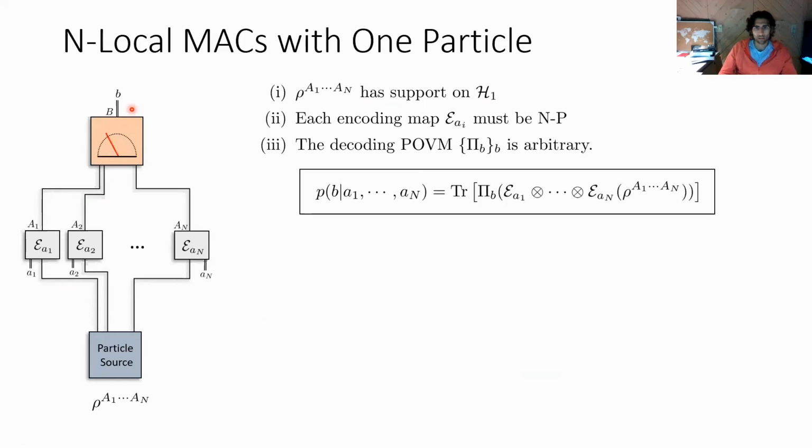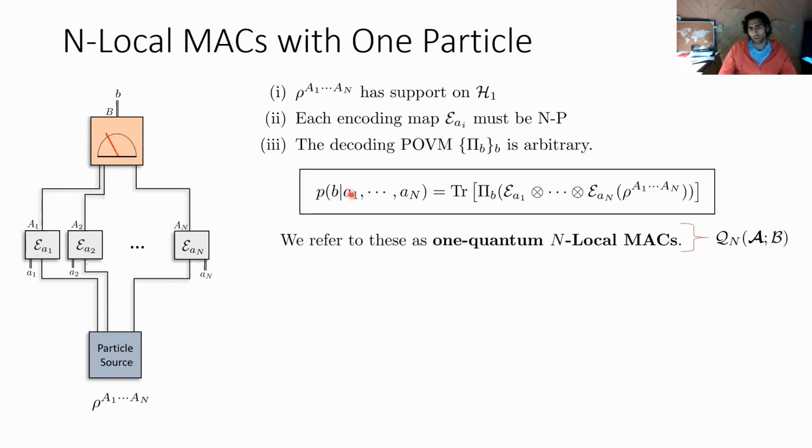Then we ask what are the channels we can get with these restrictions in place. We consider all the channels that you can build, and we call these n local maps. We'll use Q_NAB to denote that full set.